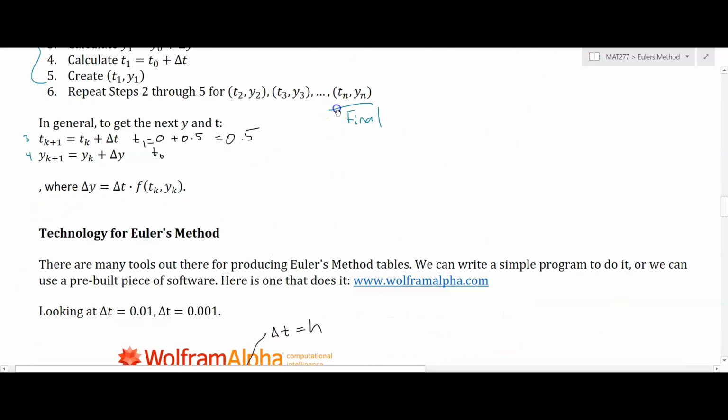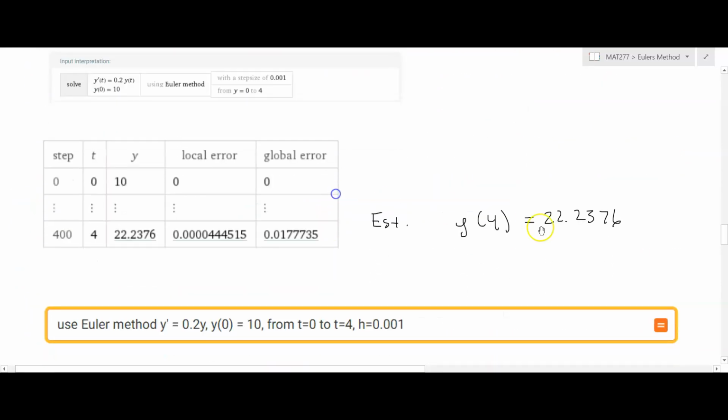We're coming up with an estimate of 22.2376. So our error, if we want to look at the amount of error, this is going to be our estimate minus our exact, 22.26.